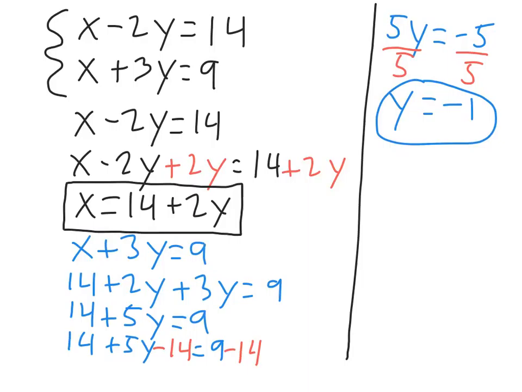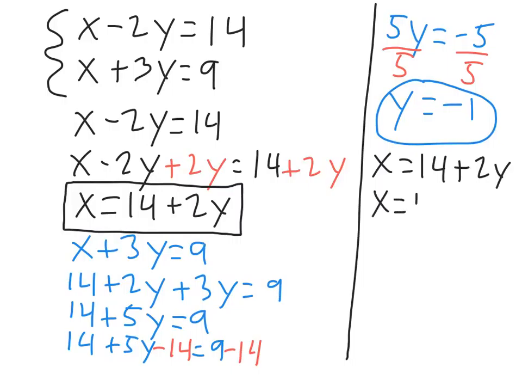This is where we go back to the equation we put the box around. I said it was going to be very important, and it is. x equals 14 plus 2y. This already has x solved for us, so this will be the easiest to bring y back and plug in negative 1 for y to find x. So we rewrite the equation: x equals 14 plus 2y, but now instead of y, we put in negative 1.